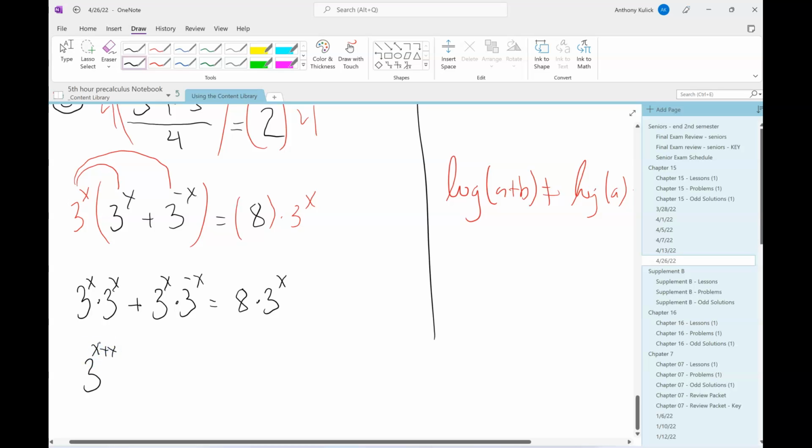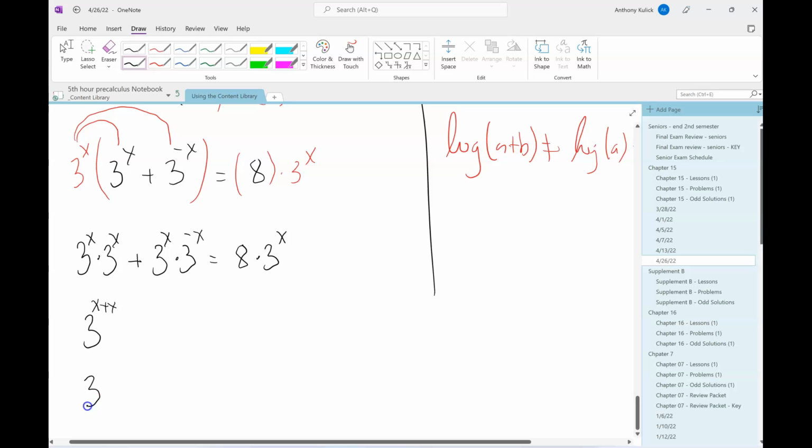So 3 to the x times 3 to the x, we can add the exponents and get 3 to the 2x. 3 to the x times 3 to the negative x, we can add the exponents and get 3 to the 0. But I can't multiply 8 and 3 to the x, so that's all going to stay the same.